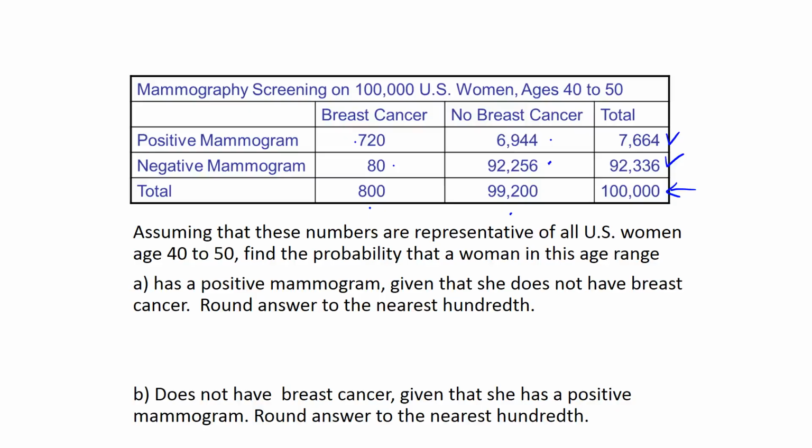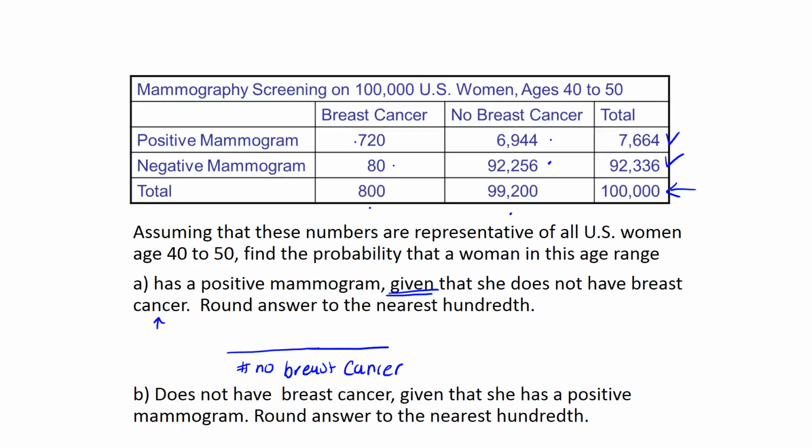Assuming that these numbers are representative of all U.S. women ages 40 to 50, find the probability that a woman randomly selected in this range has a positive mammogram given that she does not have breast cancer. So given that she does not have breast cancer, we know our denominator is the number of women with no breast cancer.